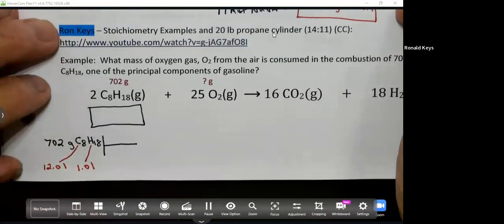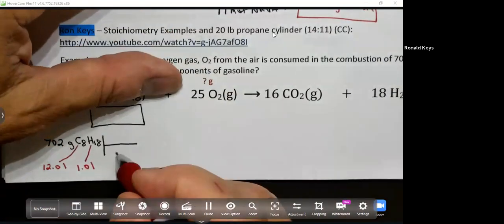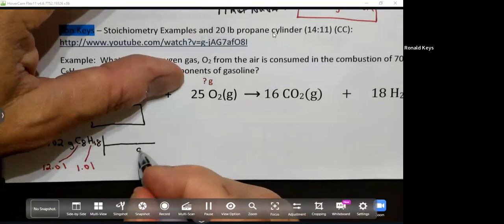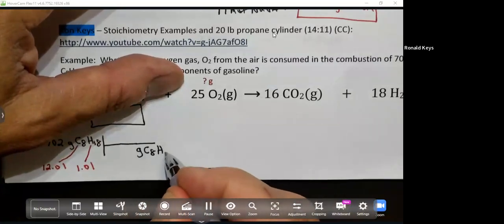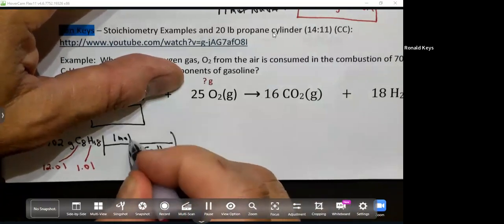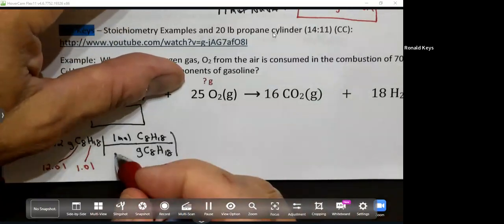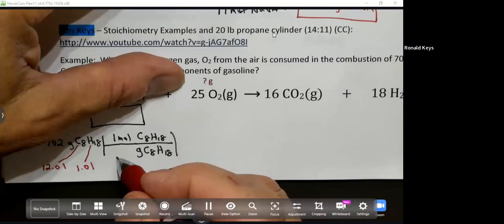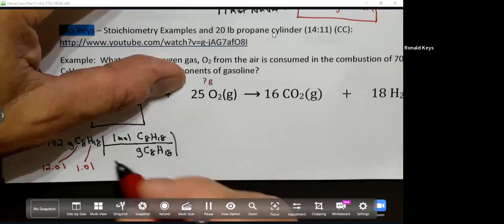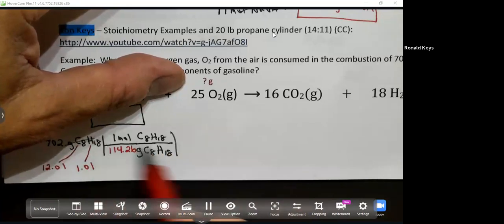So C8H18 should get us 114.26. 114.26 grams cancel out, right?